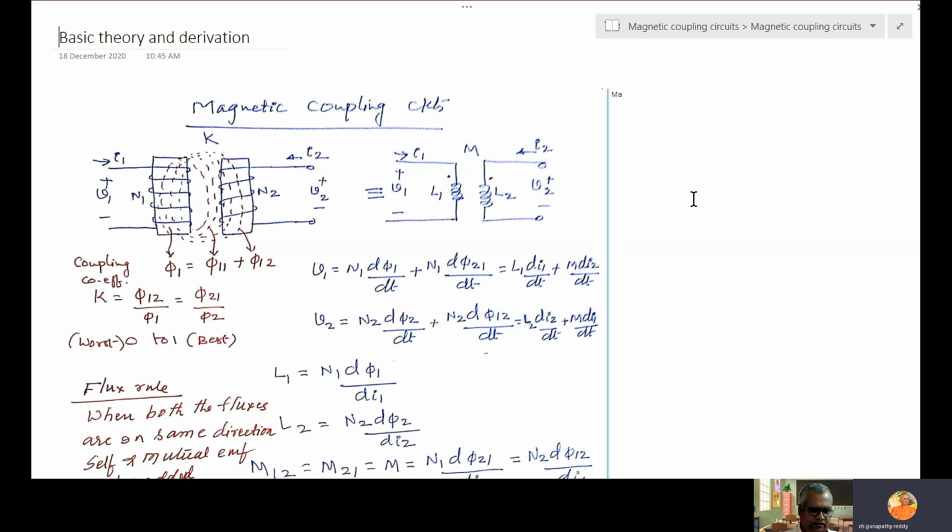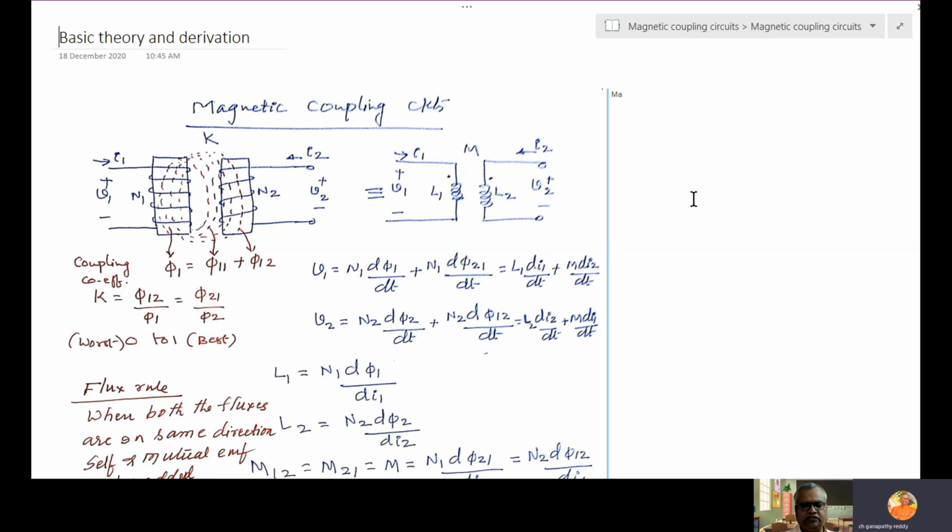For understanding the inductor, earlier in the beginning, I told four important points: Faraday's first law, Faraday's second law, the right hand thumb rule, and Lenz's law. What is Faraday's first law?